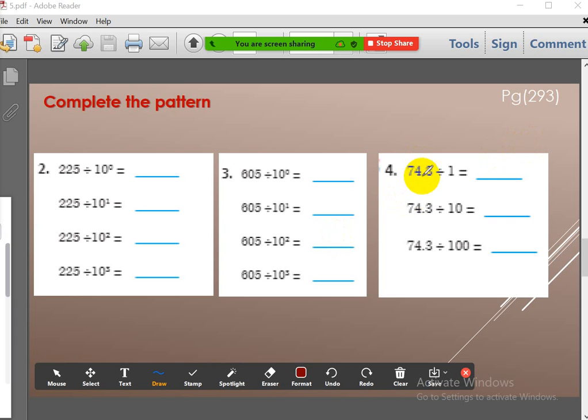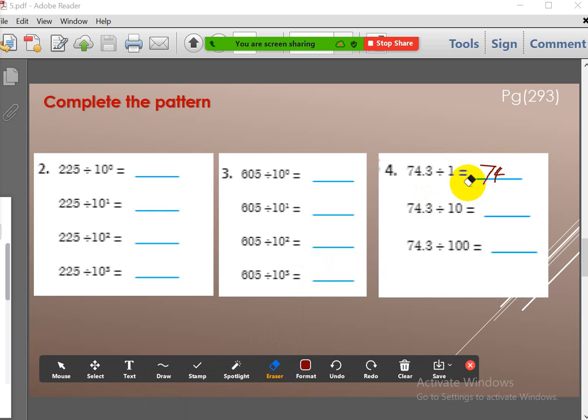So you remember yesterday, like in number 4, when I want to divide 74.3 divided 1, any number divided 1, I told you this number will be equals the same number, 74.3. Now 74.3 divided 10.